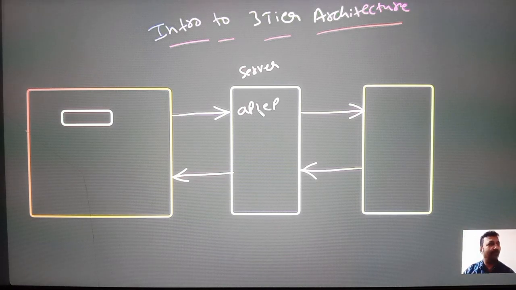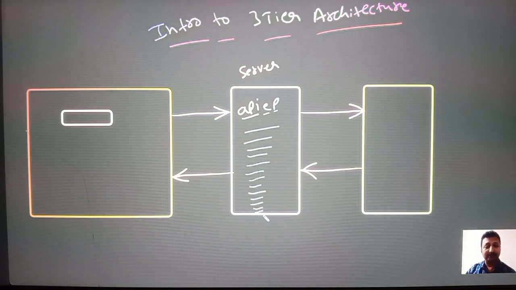We call them API endpoints. We will be learning how to create those API endpoints at that point. So now what we have to do is send a request to any one of these API endpoints. That API endpoint connects to the database, gets the data and gives it to us.